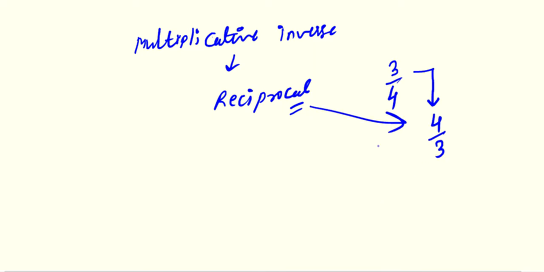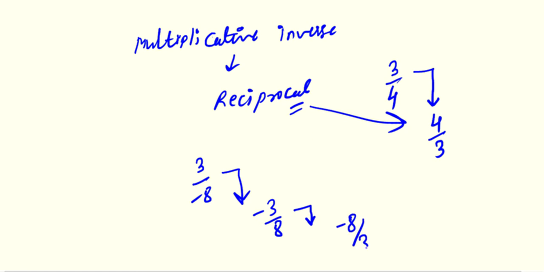This is called the reciprocal. Now 3 upon minus 8. First we have to convert this into standard form, so minus 3 by 8. Now the reciprocal of minus 3 by 8 is minus 8 by 3. Okay. So this is called the multiplicative inverse, the reciprocal.